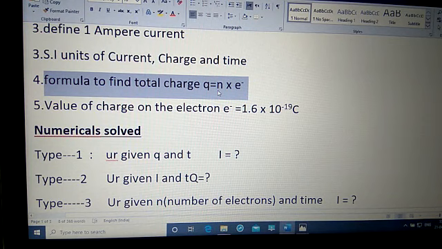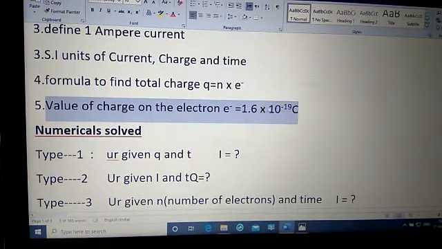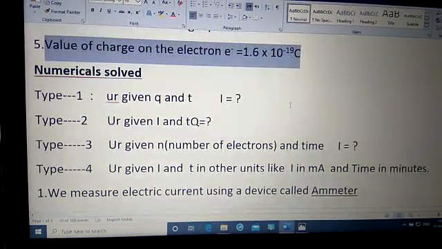When n number of electrons are flowing through a conductor, how to find the total charge? That is Q is equal to N into E. N is the number of electrons, and E is the charge present on each electron. The value of charge on each electron is 1.6 into 10 raised to minus 19 coulomb.